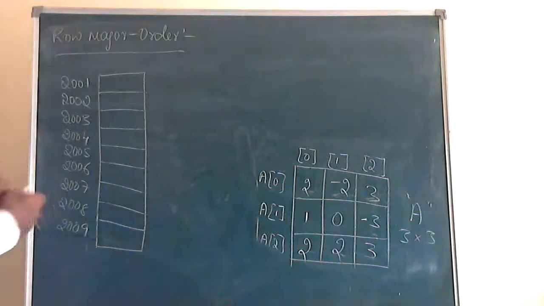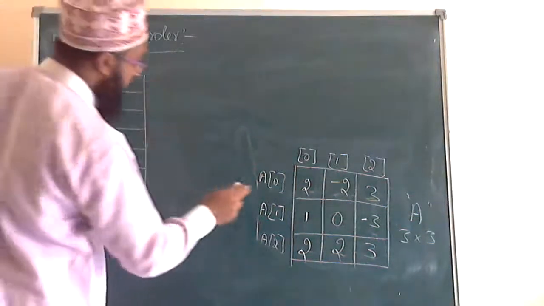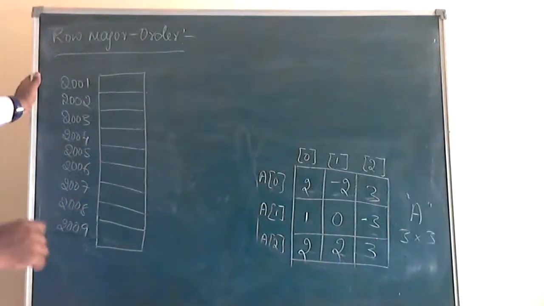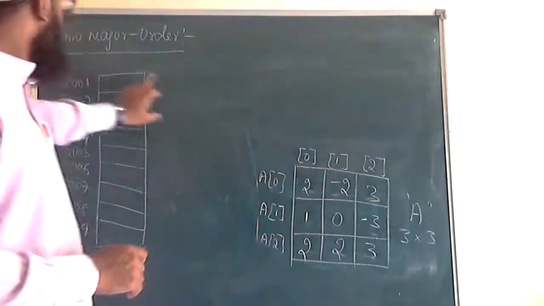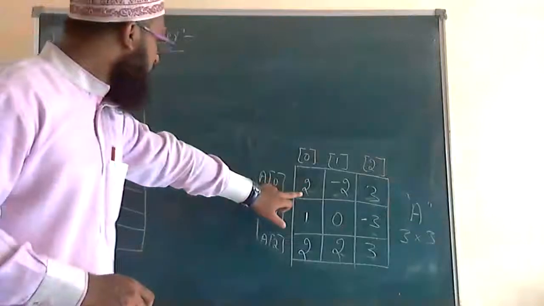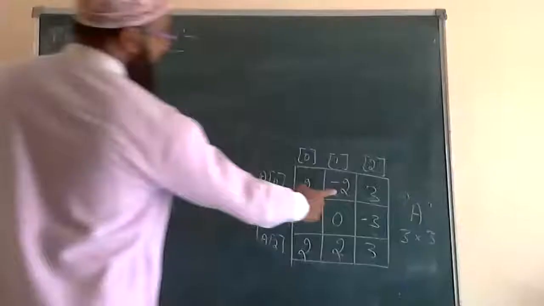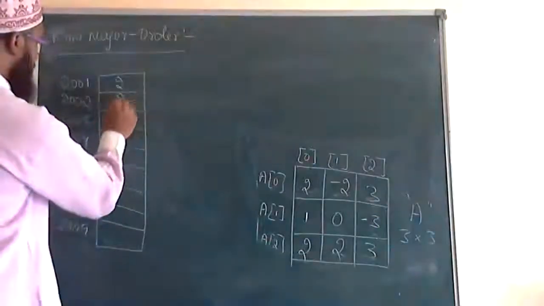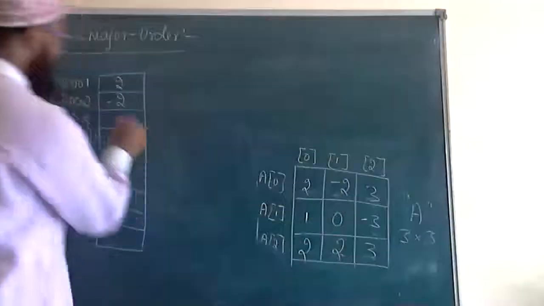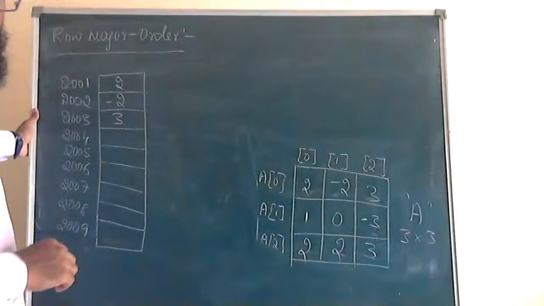According to row major order, how are the elements going to be stored? The first row elements are stored first. First insert 2, then minus 2, then the first row elements are inserted.